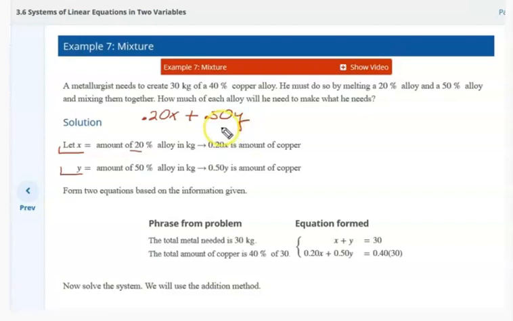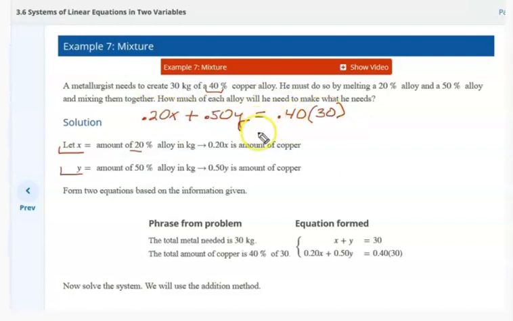Now, eventually, what do you want to make out of this? Well, you want to make a 40%. So this is going to be equal to a 40% mixture of how much do you want to have all together? Well, you want to have 30 kilograms. So there's one equation.